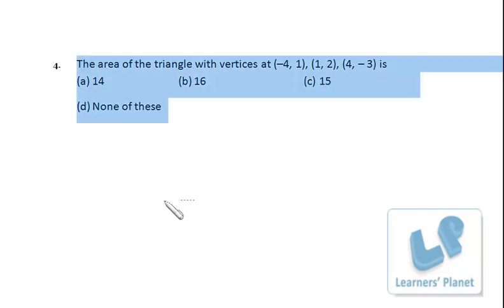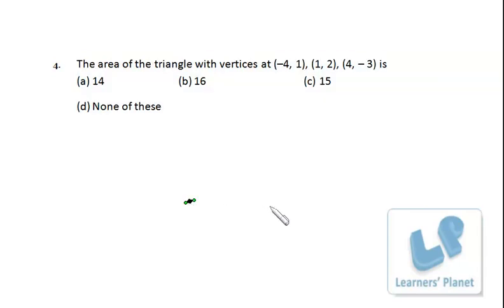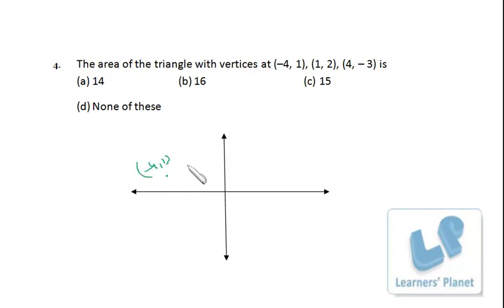Area of the triangle with these vertices. So I just draw a rough figure over here. Now minus 4 and 1 somewhere here, that is minus 4 and 1.